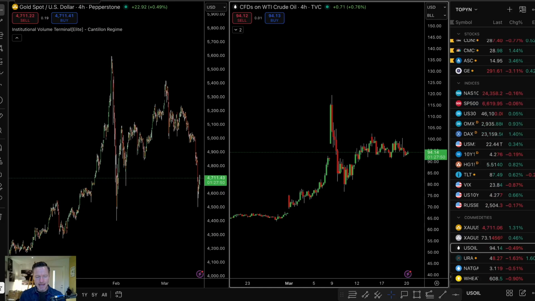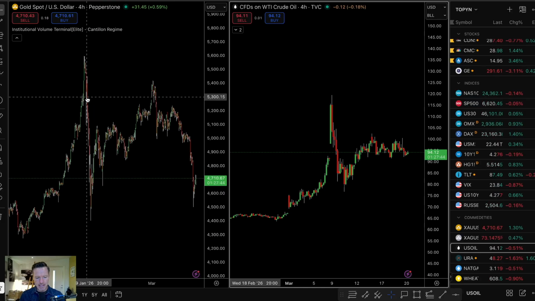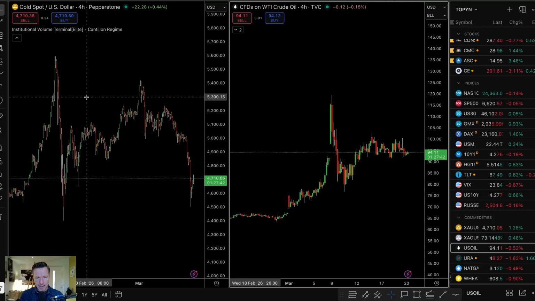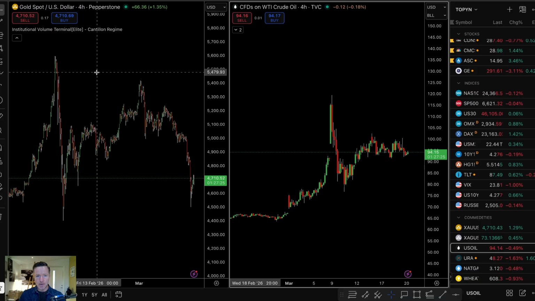Now compare that to gold. Both are inflation hedges. Both are commodity assets. Both respond to the dollar. But they're diverging right now, and the divergence is the story of post-FOMC Friday. Gold ran from 3,500 to over 5,000 on one thesis: Fed cuts rates, dollar weakens, gold goes up.